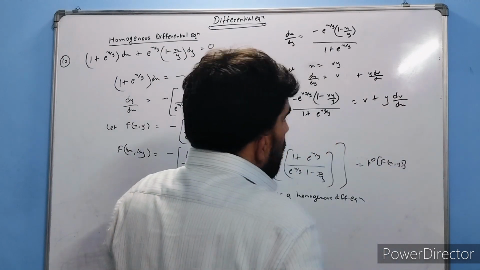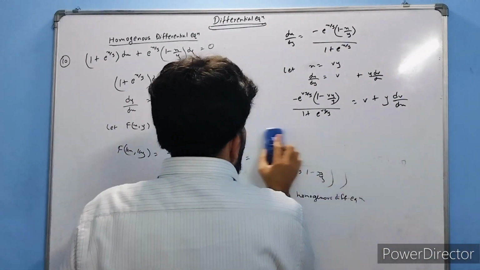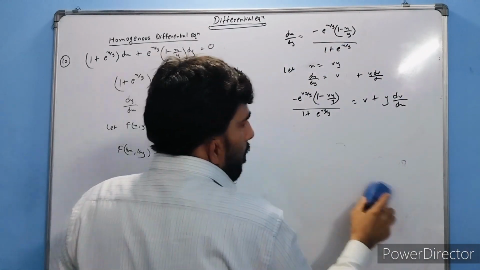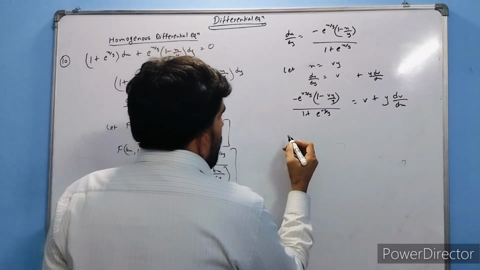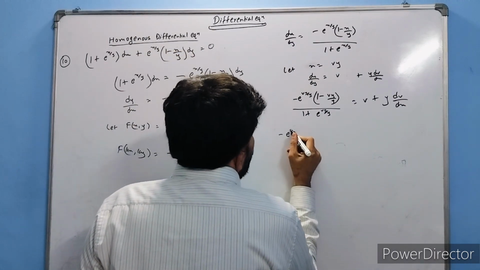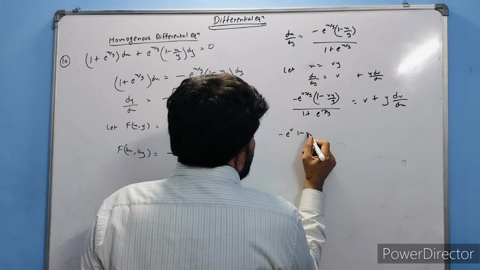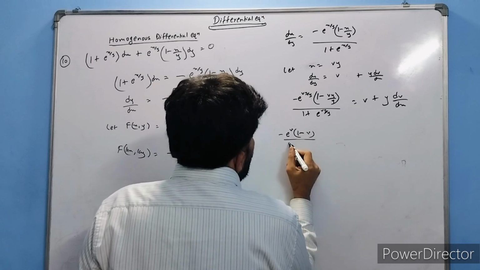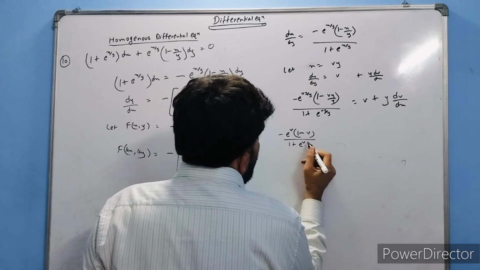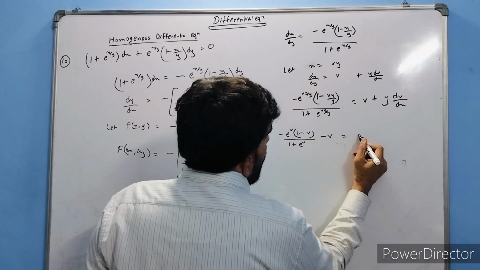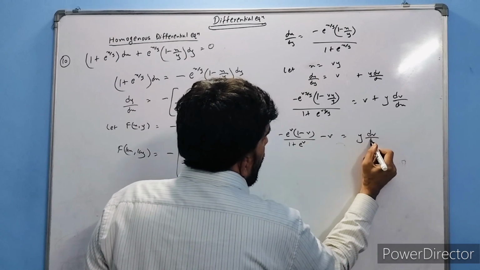Now let us see what is left with us. We have minus e raised power v (1 minus v) upon (1 plus e raised power v) minus v is equal to y dv upon dy.